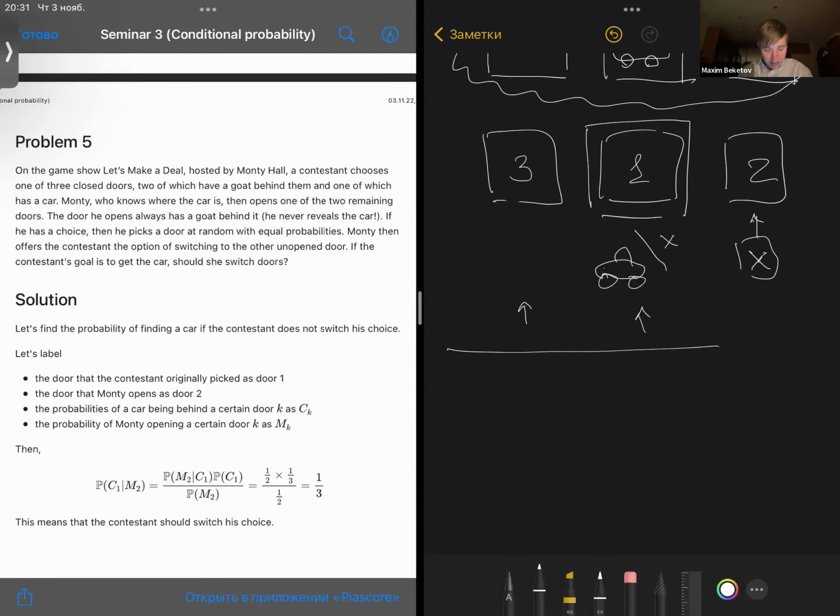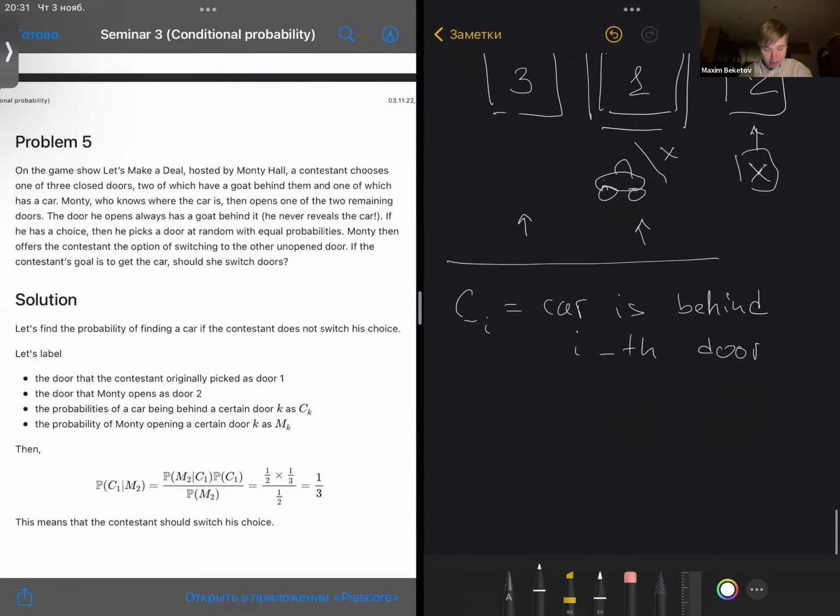And we have event CK. It means that the car is behind door number K. That's why I prefer I as an index, right? So the car is behind door number I. Okay.